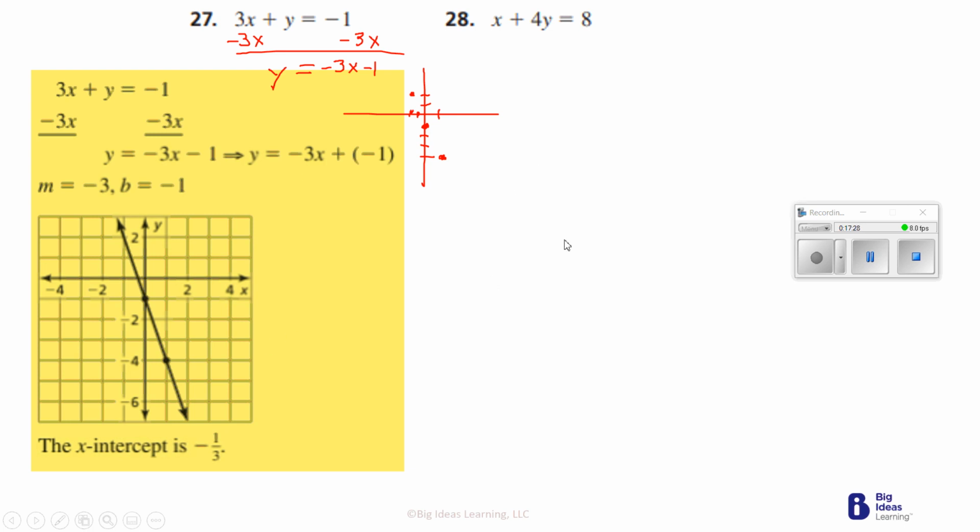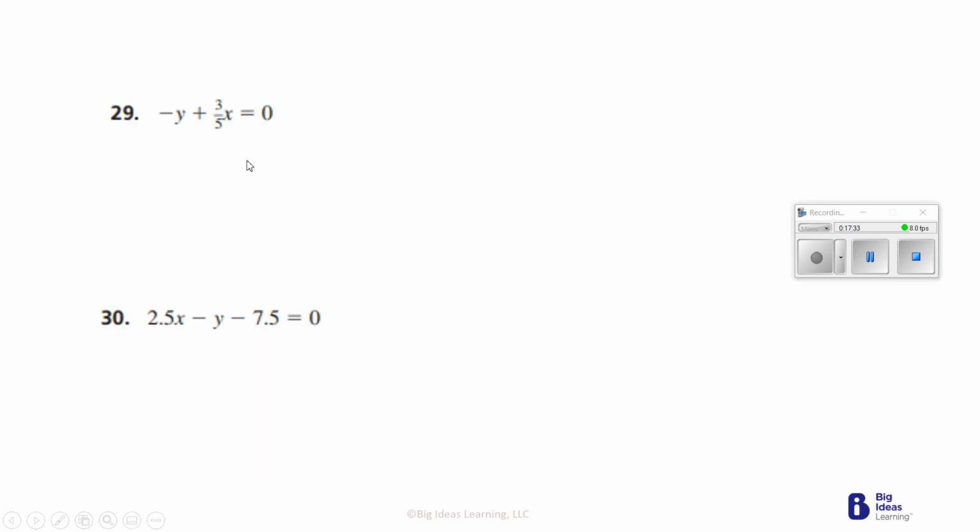Let's go ahead and get number 29. We're going to have to reconfigure this one. To get y by itself, I'm going to go ahead and add y to each side. This should give me y is equal to 3 over 5x.